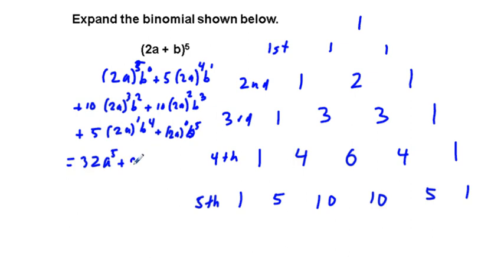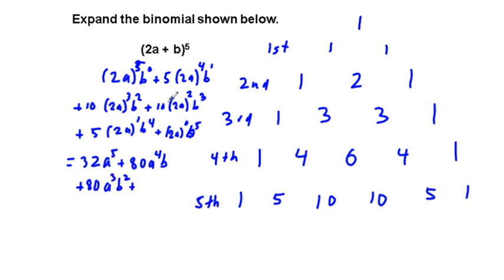So we'd have 80 a to the 4th power b, plus, we would have the third term here, 2 to the 3rd power, which is going to be 8 times 10. We'll have 80 a to the 3rd power b squared.